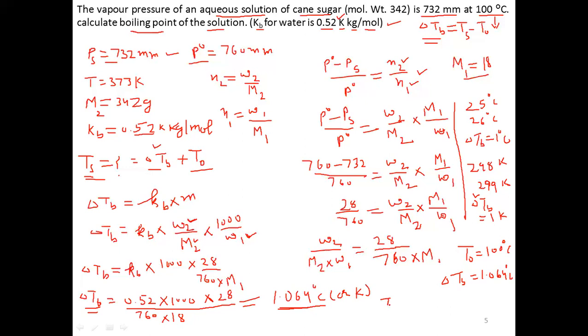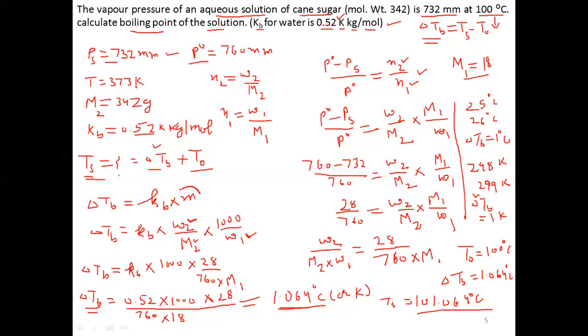So the boiling point of the solution is given by delta TB plus T naught, which is 100 plus 1.064, that is 101.064 degrees Celsius. So this is the answer, the boiling point of the solution. So it was again an easy numerical.